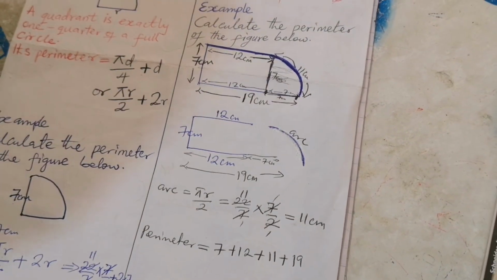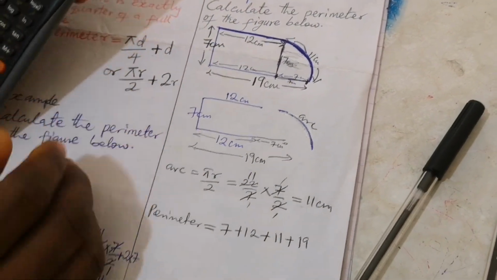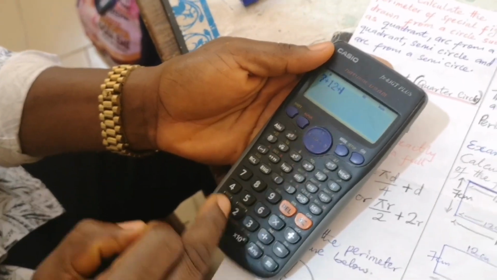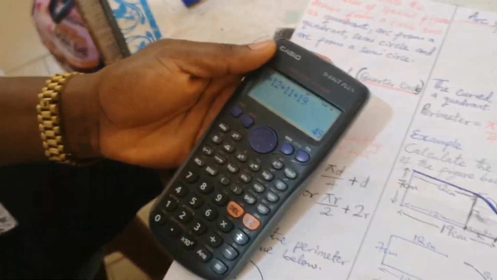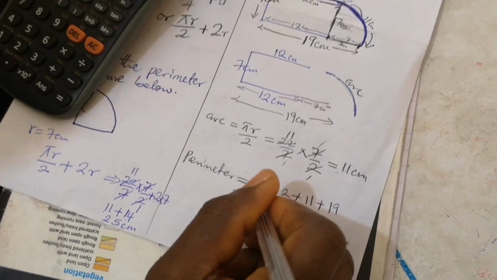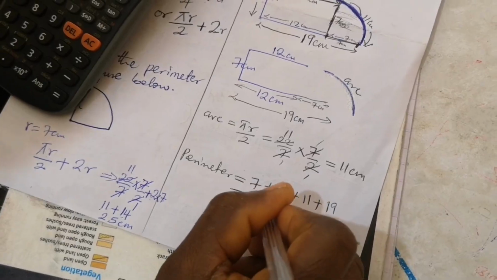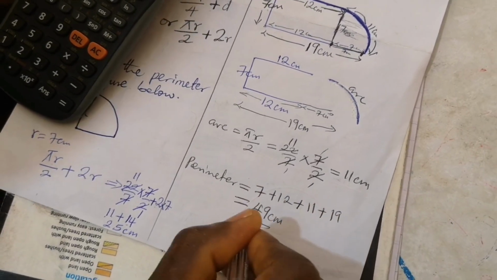Okay, so let's calculate it. It is 49. So the perimeter is 49 cm.